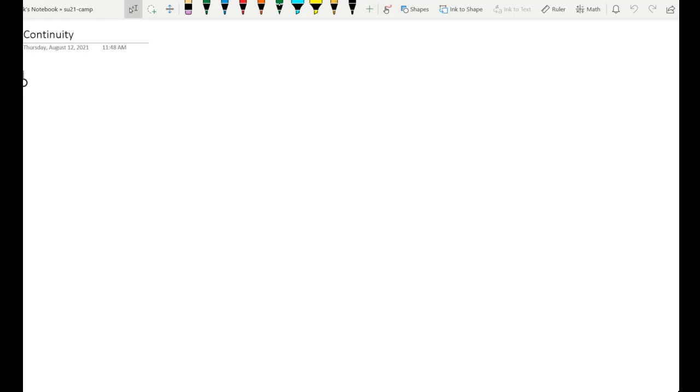Okay. So what does it mean for a function to be continuous at a point? And then guess why does it matter? So we say f is continuous at a point if the following statement is true.